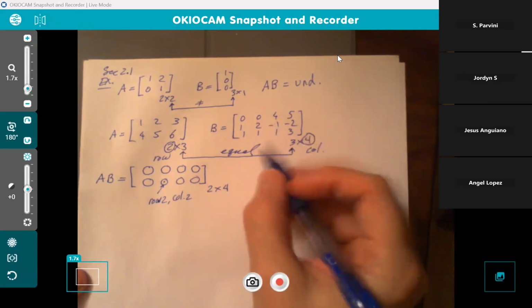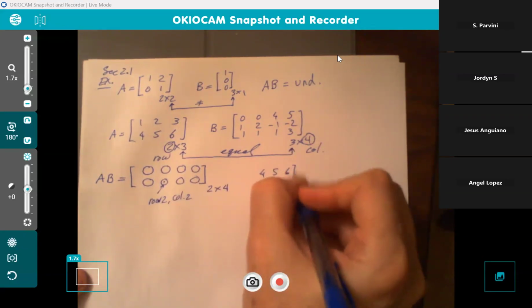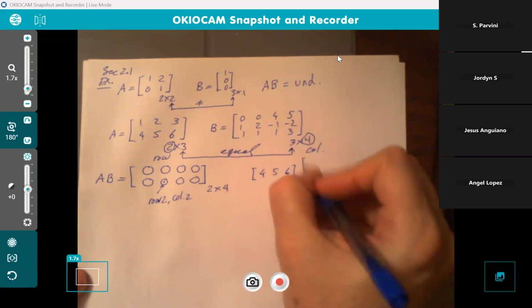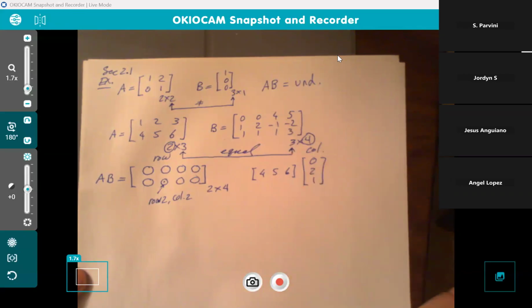So here's how it goes. Second row, I'm just going to go 4, 5, 6. I'm just singling out these. And the second column, isn't that 0, 2, 1? Now here's how the multiplication works, folks.